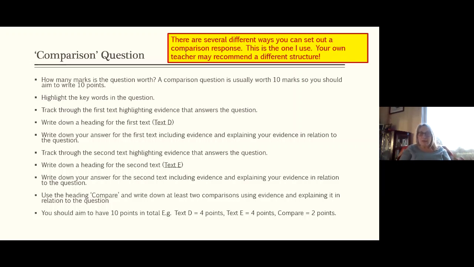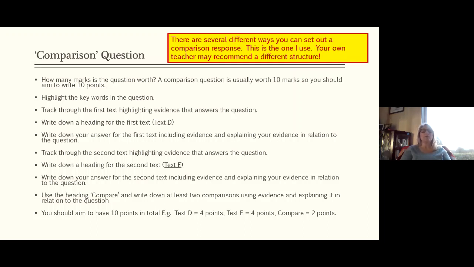And then, now this is going to be a little bit controversial because not all teachers will ask you to do this, but this is the way that I've found helps my students. I would then do a subheading of compare and write down at least 2 comparisons using the evidence and explaining it in relation to the question. I know it's a little bit complicated, but I will show you an example of this again. You should aim to have 10 points in total.